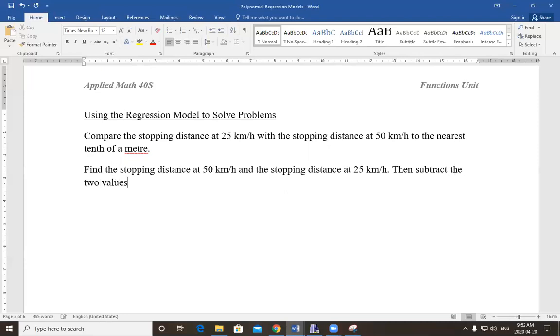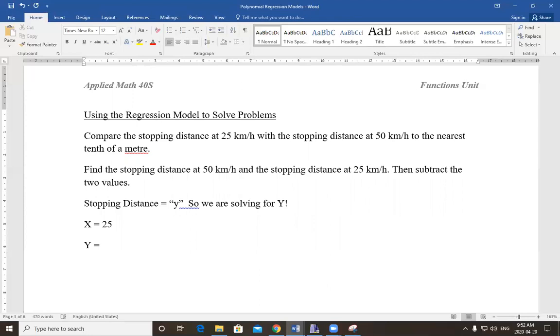Okay. So stopping distance is y. So we are solving for y. So we're going to plug in x equals 25, and we'll find y.